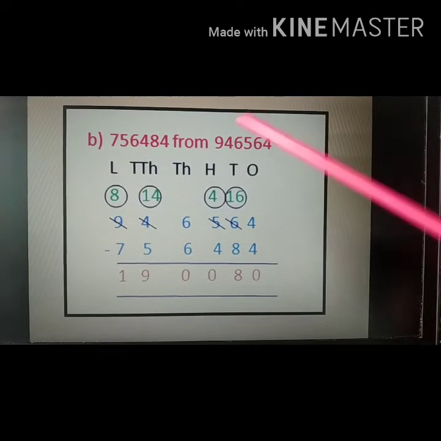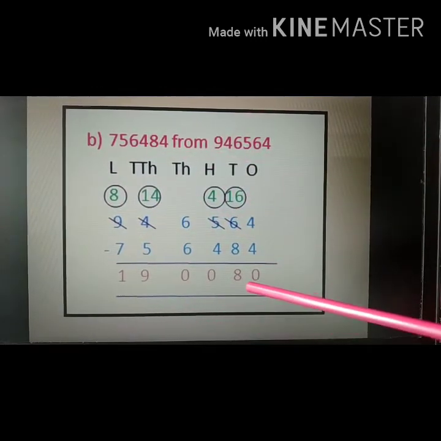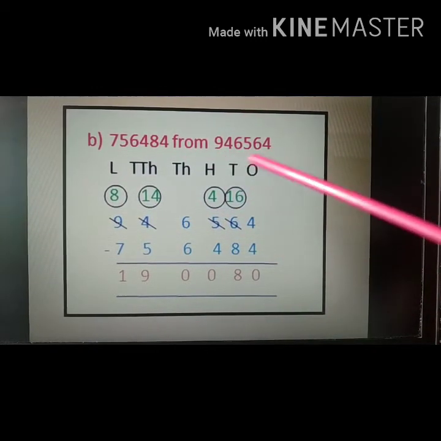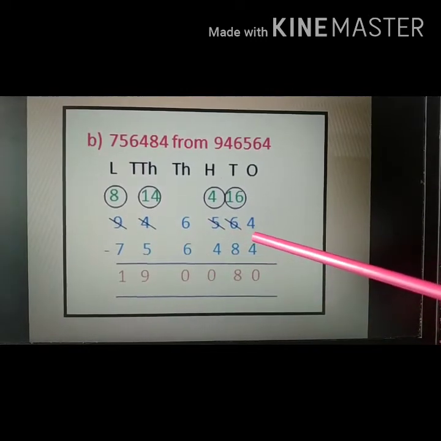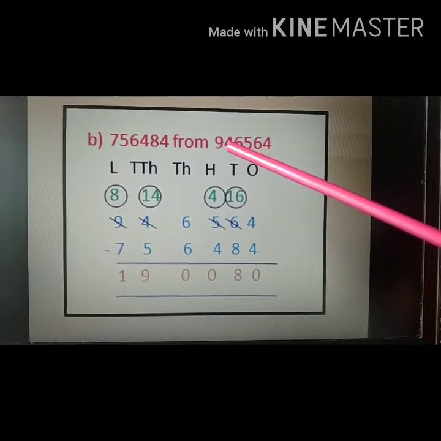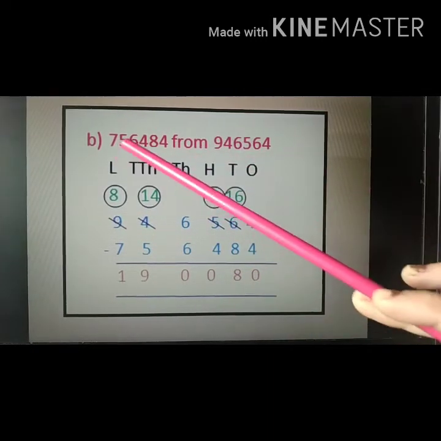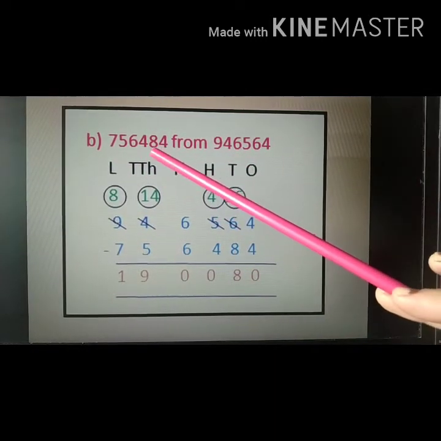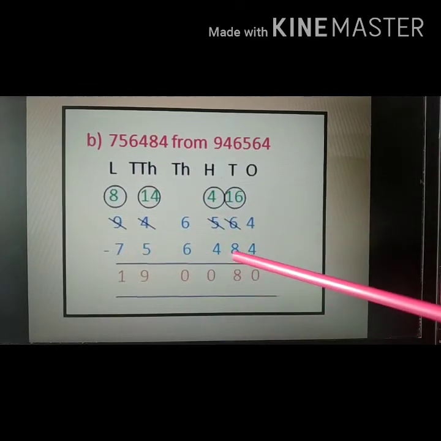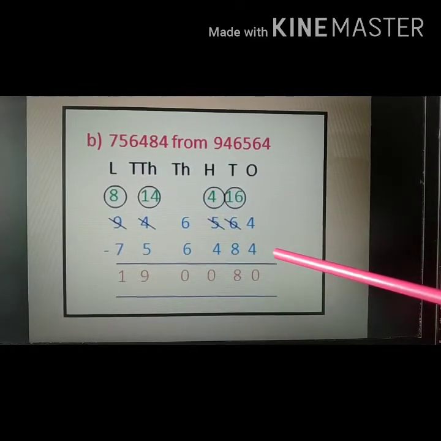As we know, while doing subtraction, we write the larger number on the above side as a minuend. So here 9,46,564 will be on the above side and 7,56,484 will be below as subtrahend.